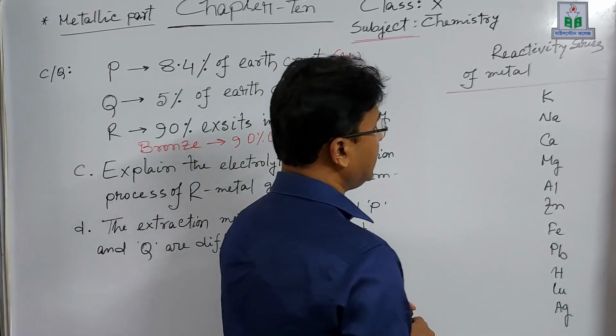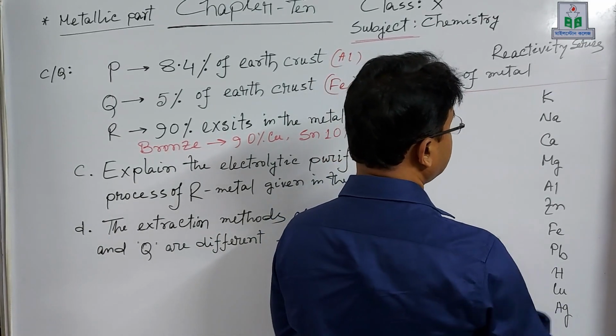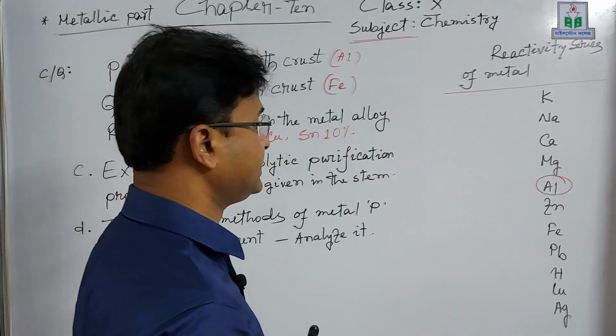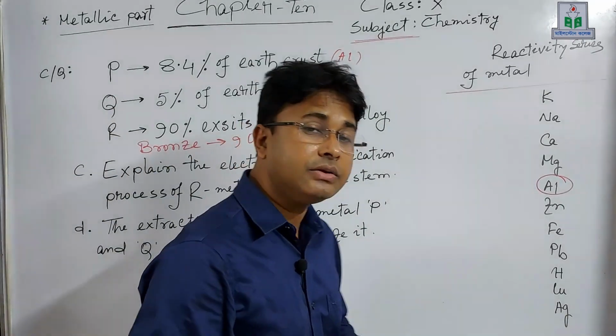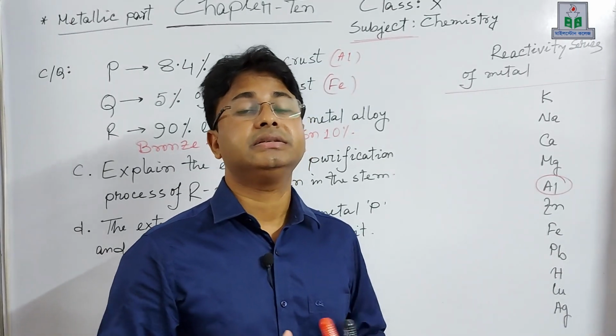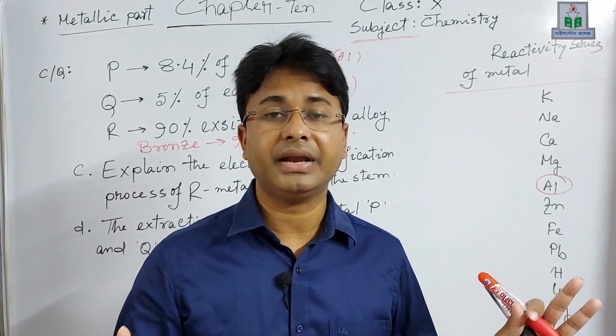Aluminum is a highly reactive metal because aluminum exists at the top part of the reactivity series. So, as aluminum is a highly reactive metal, it is not found in nature as a free metal.